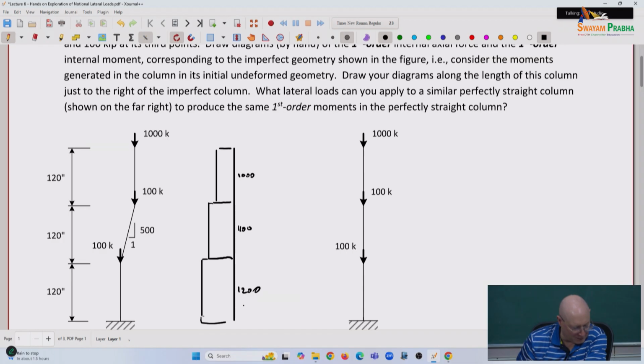Correct? All right. Now, with notional lateral loading, we usually say we're going to put a uniform lean up the entire frame. But suppose for purposes of discussion, I have an out of plumbness just in that middle level.